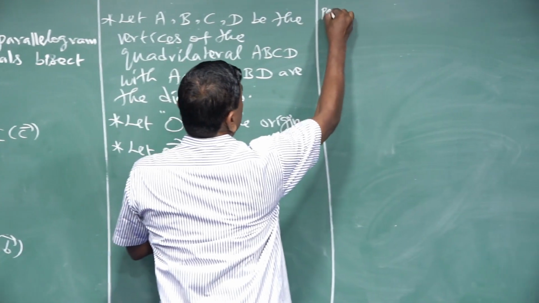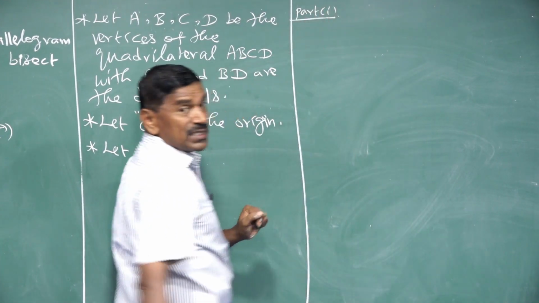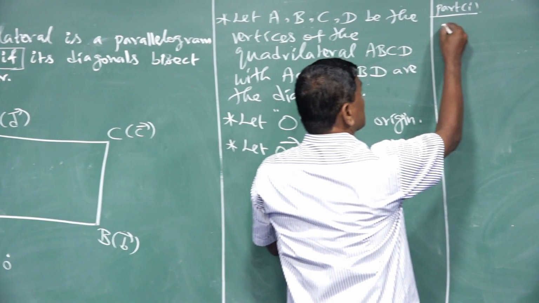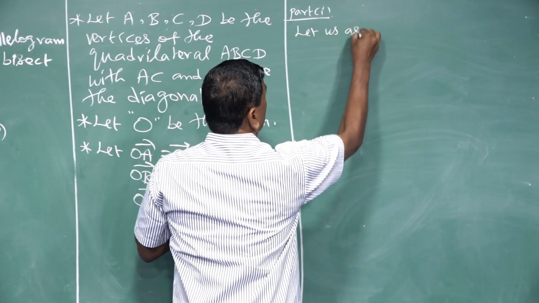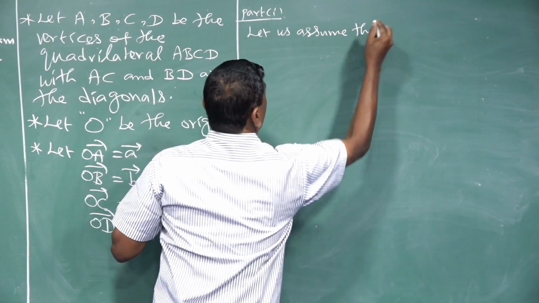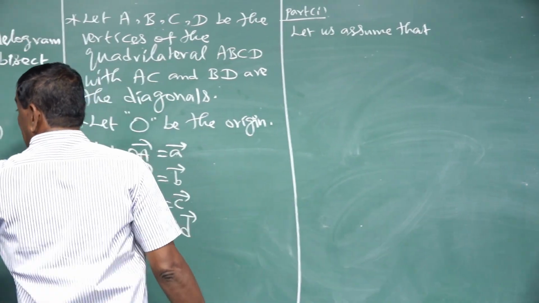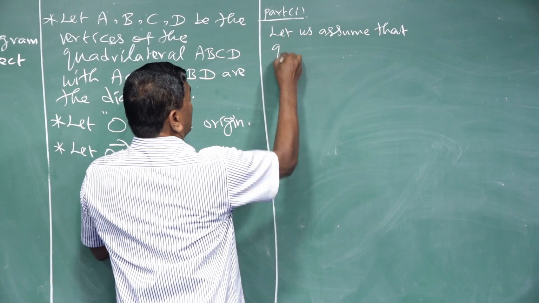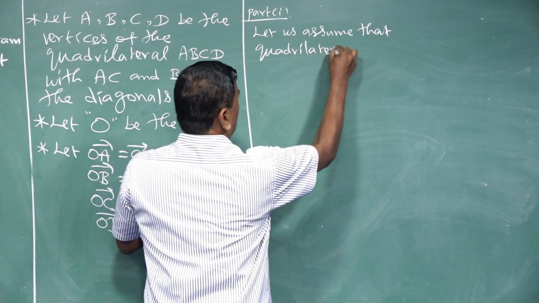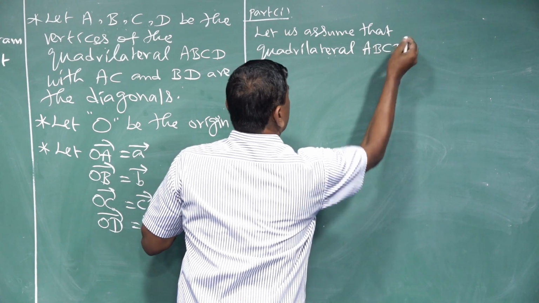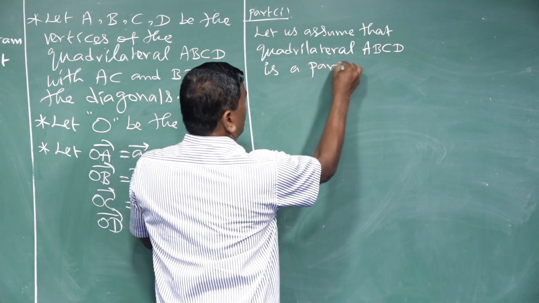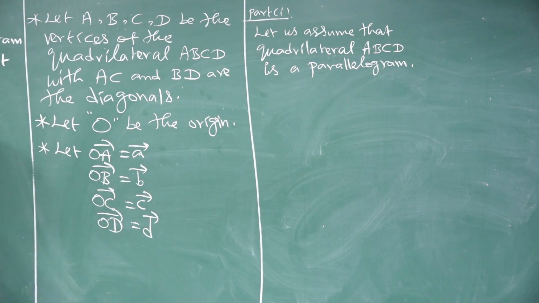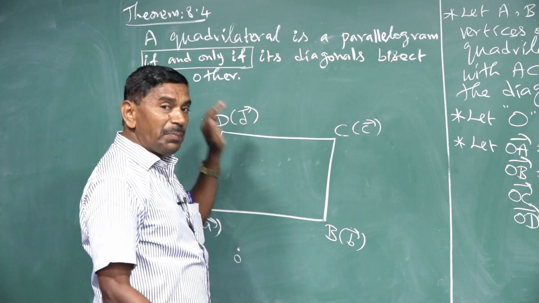Now listen, suppose part 1. Part 1 is: assume that quadrilateral ABCD is a parallelogram.